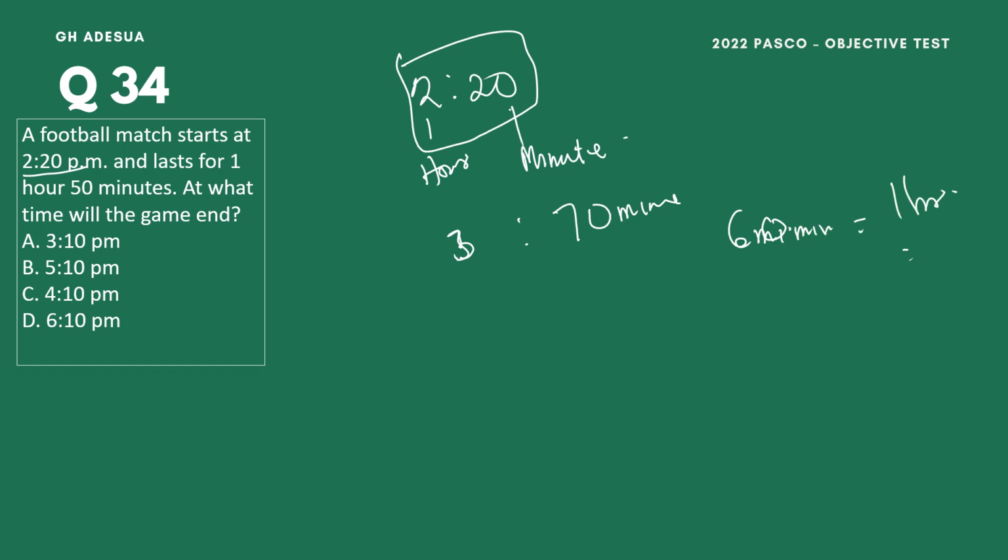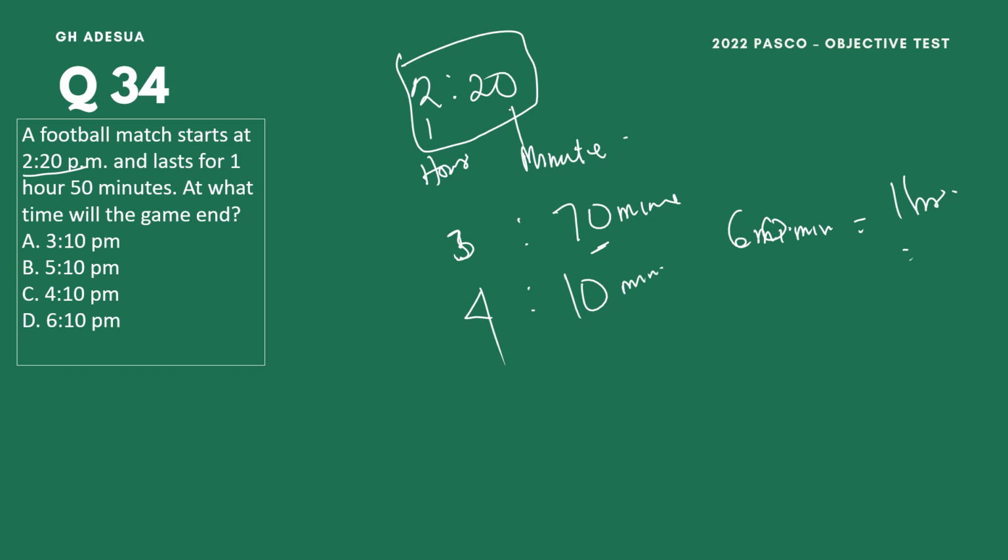So if you have 60 minutes being an hour, we can now add that hour within the 70 minutes to the 3, so having 4. Then there'll be a remainder of 10 minutes, since within the 70 minutes, 60 minutes is an hour.